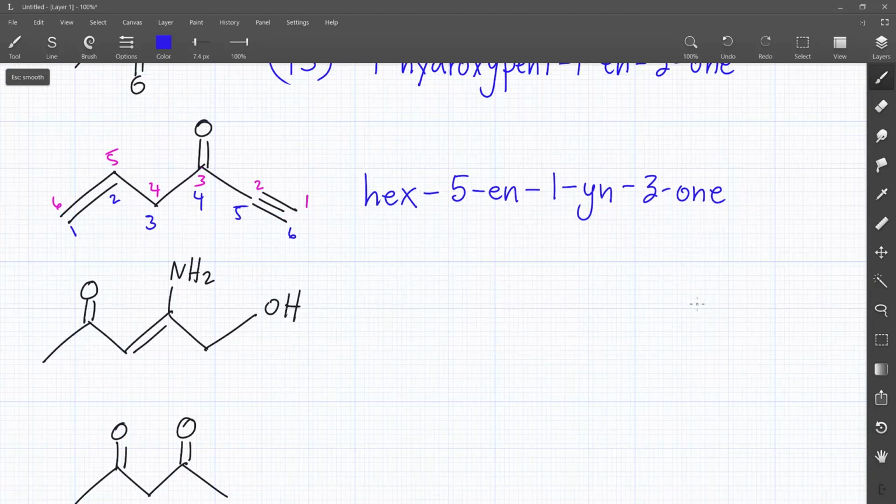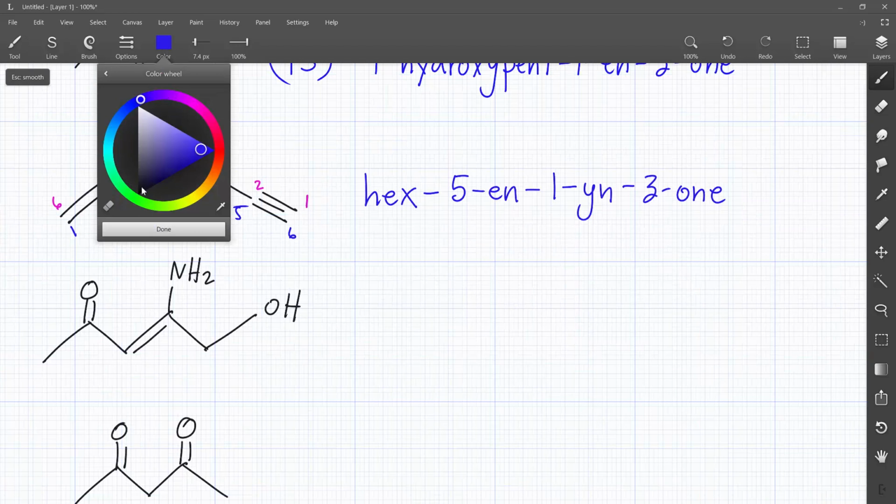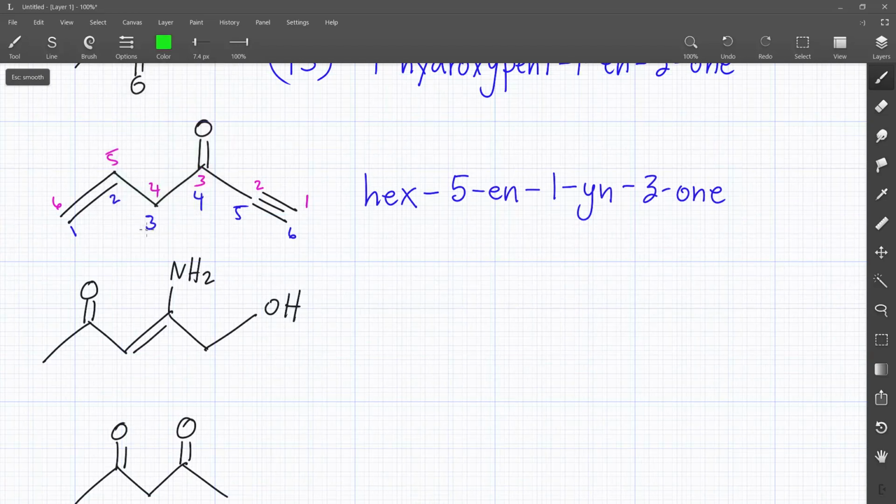Okay. Now let's look at one with an amine group and an alcohol. So I get to my ketone, my C double bond O, at the second carbon going this direction. 3, 4, 5.